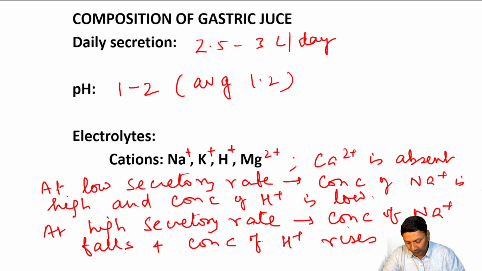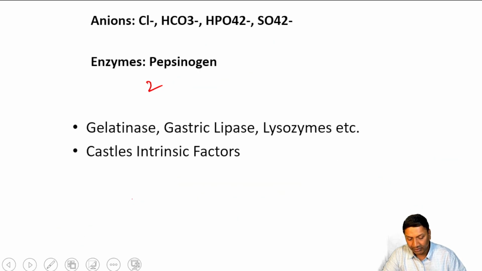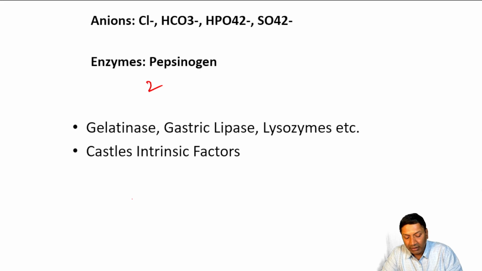Then, what are the various anions present in the gastric juice? They are the chloride anion, the bicarbonate anion, the phosphate anion, and the sulfate anion.